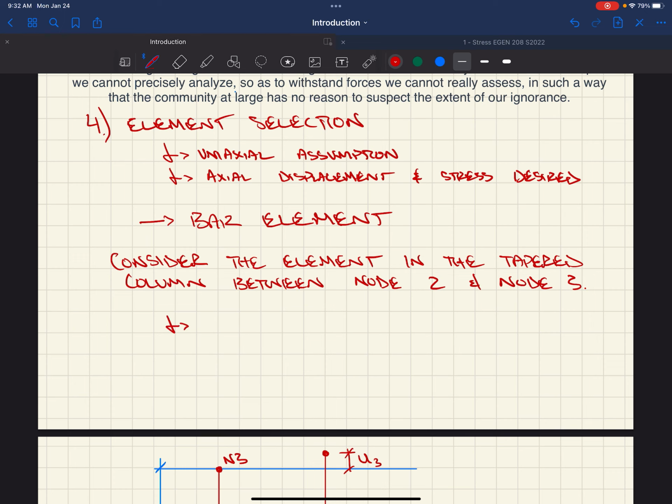And this bar element, right, is needed to interpolate the axial displacement between nodal values.